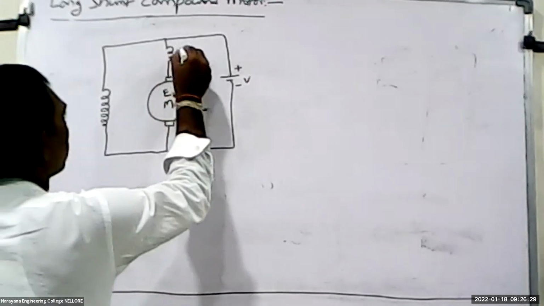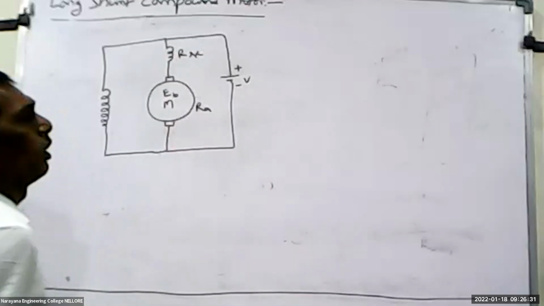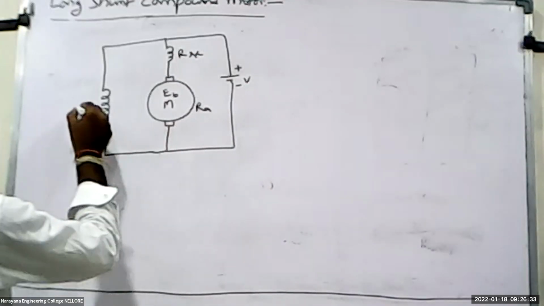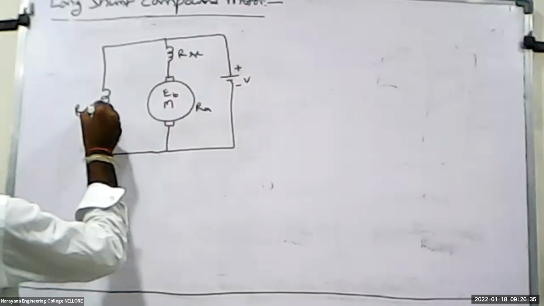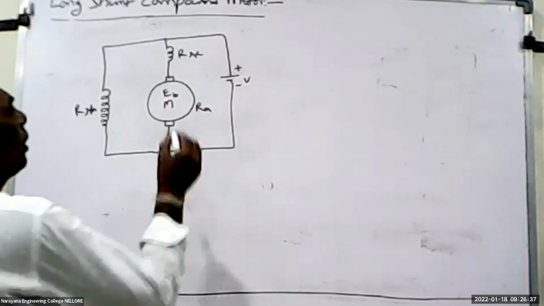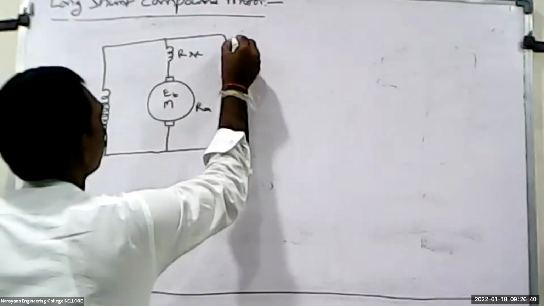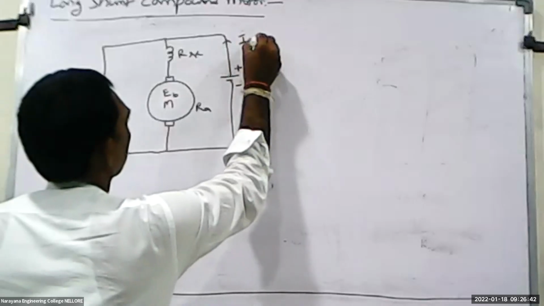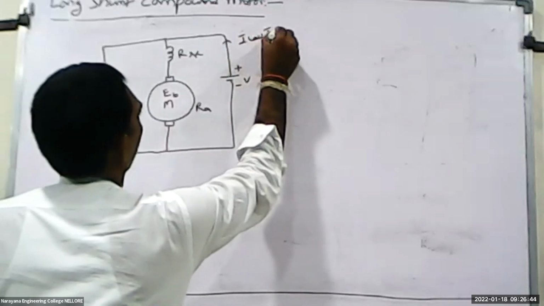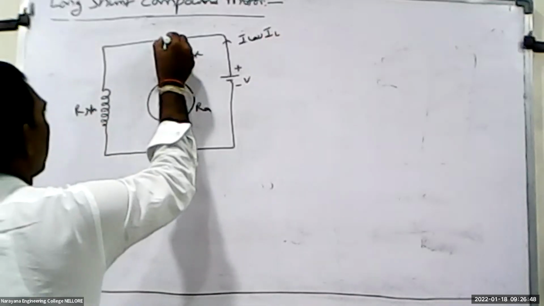And this is a series field resistance and this is a shunt field resistance, and the current delivered by the source is represented as I or IL, and this is considered as node 1.